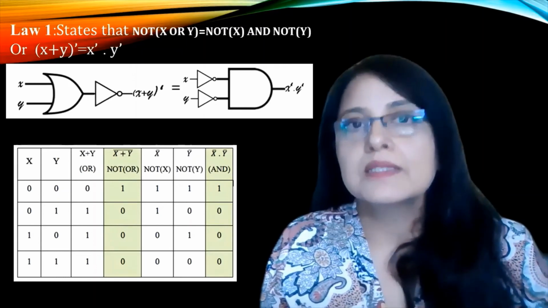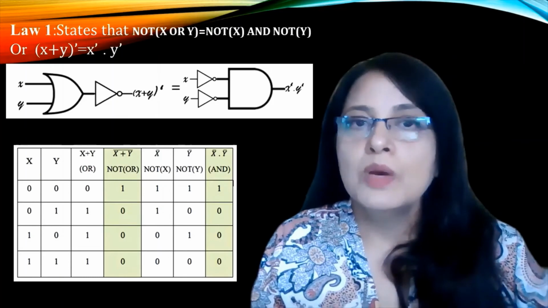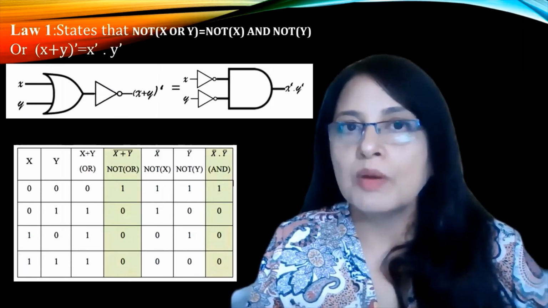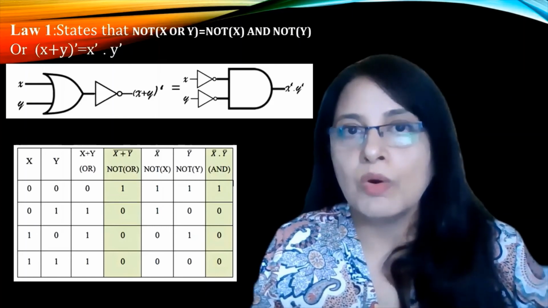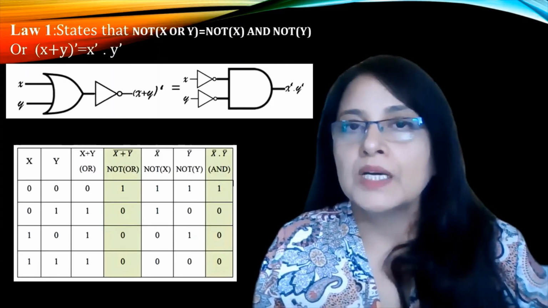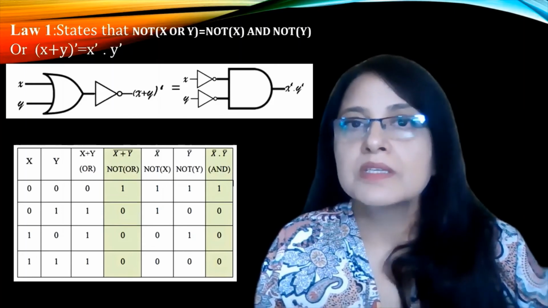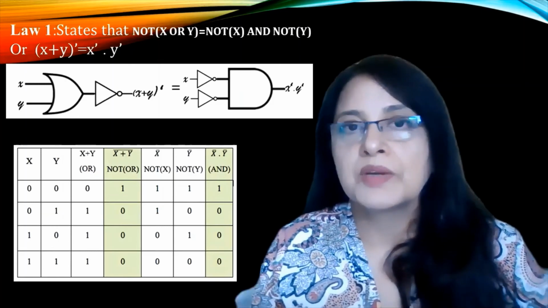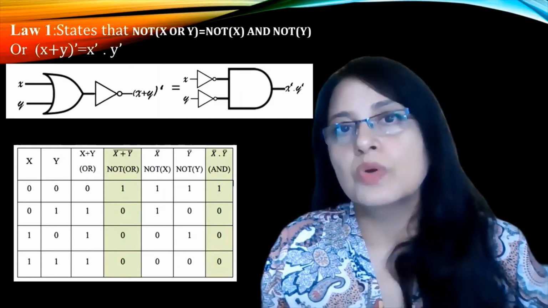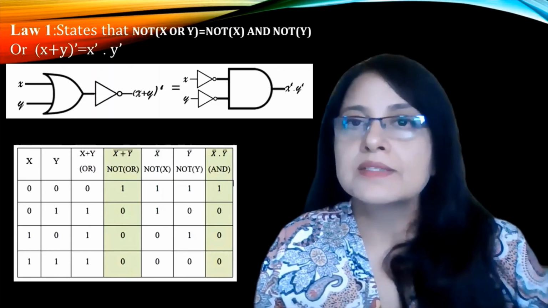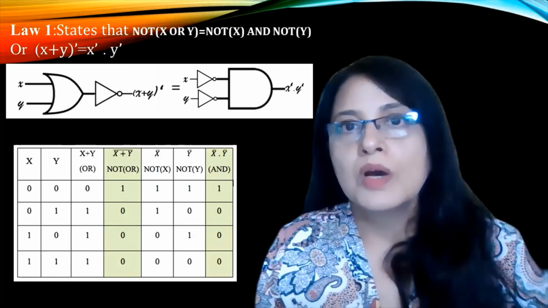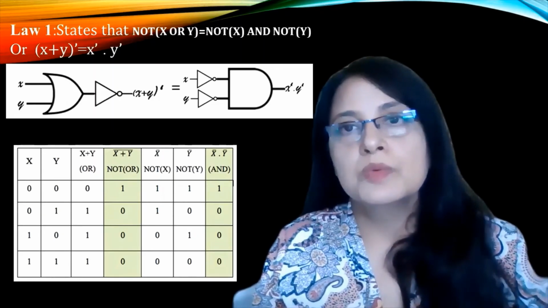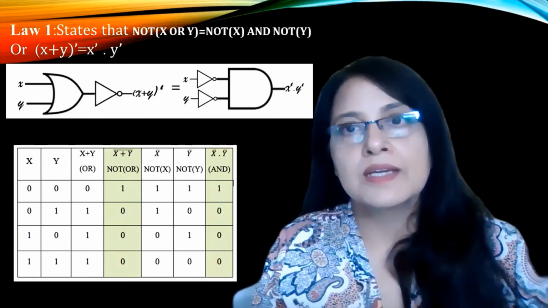If we look at the truth table, we have proven that the complement of x + y, that is NOR, is equal to x'.y', and the highlighted two columns that you see are exactly the same. So this is how we prove this. It's not difficult. It is just that when you actually do it, you will understand this even better.